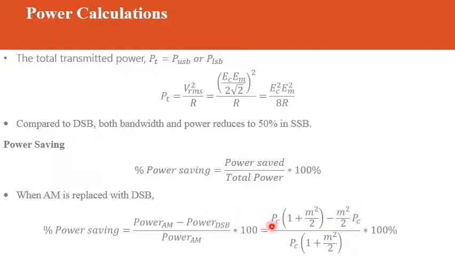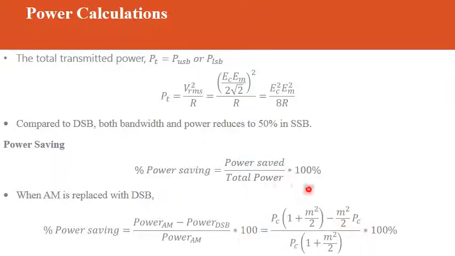So the percentage of power saving is equal to (Pc into 1 plus m square by 2 minus m square into Pc divided by 2) the whole divided by Pc into 1 plus m square by 2, where Pc represents the carrier power and m represents the modulation index, which is a term used to describe the amplitude change in the AM signal.